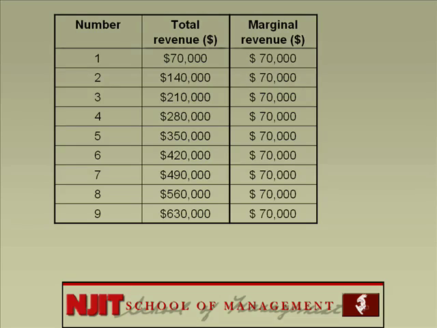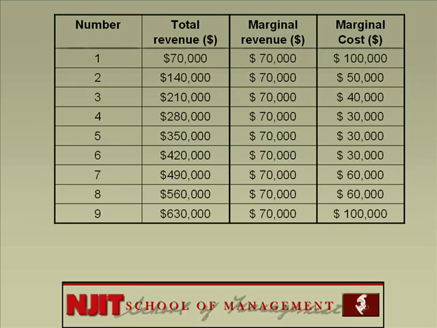Now, let's bring in marginal cost. We already did that. Take a few minutes and tell me at what number would the company maximize profit? What's the optimal output?